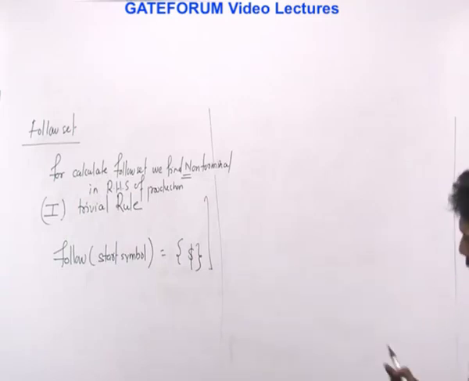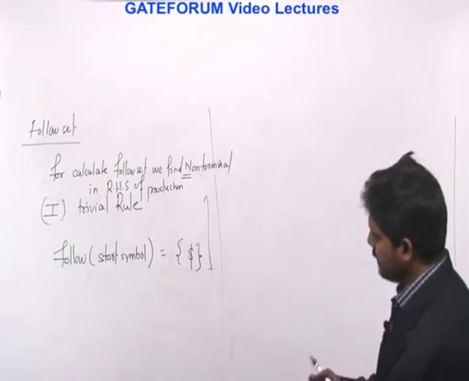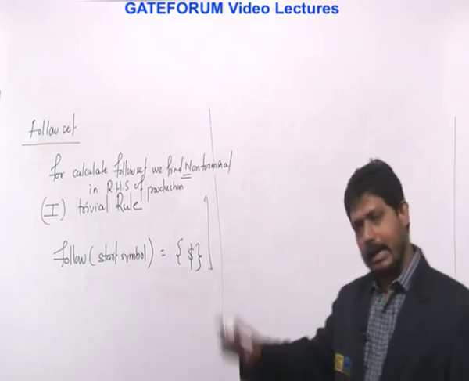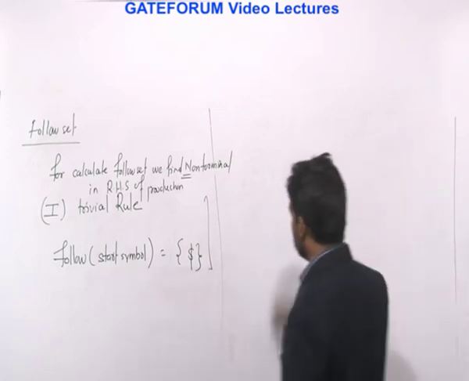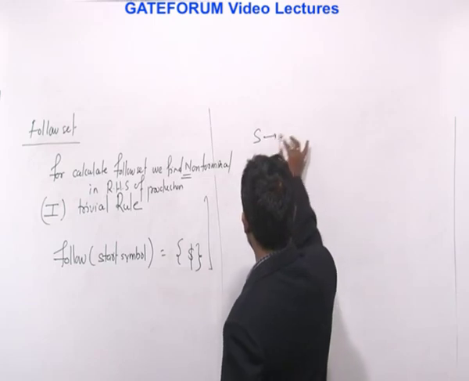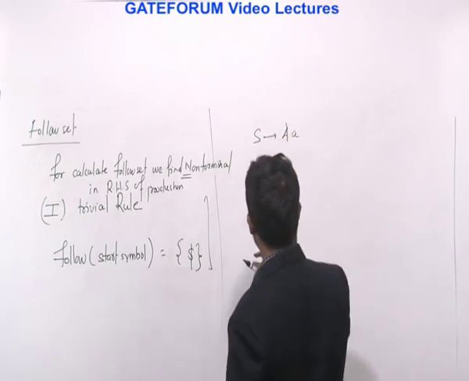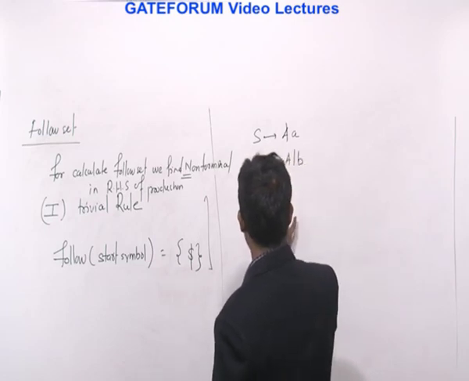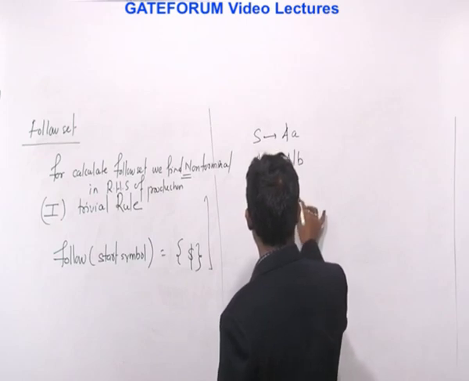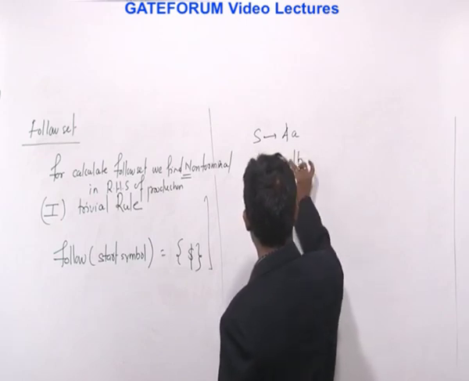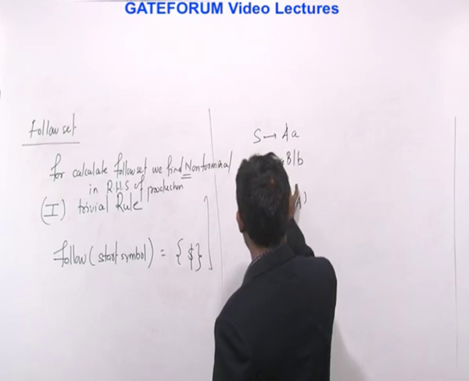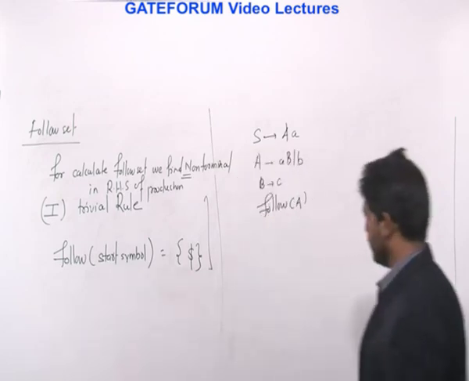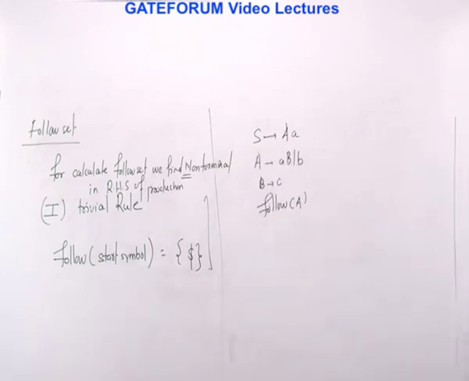Okay, so the first thing is that you will have to locate the non-terminal symbol on the right hand side of the production rule. So this is the trivial case: we are getting S derives A, and suppose A derives small a or B, and we are calculating follow of A. Now what is the simple thing?